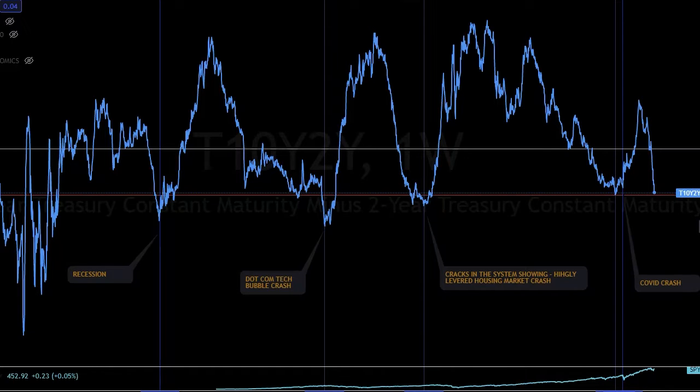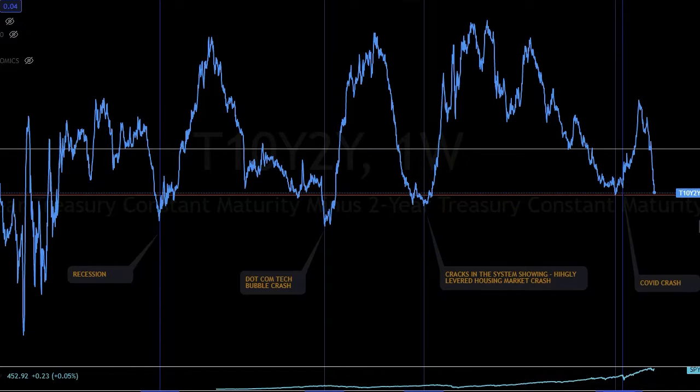We're going to do a quick analysis on what's happening in the markets, and we've been hearing a lot of chatter about the yield curve inverting. A lot of economists and analysts love to throw this word around, and it is something to definitely keep your eye on as an investor and trader, because it is one of the most reliable indicators of how the economy is doing and where it is heading.